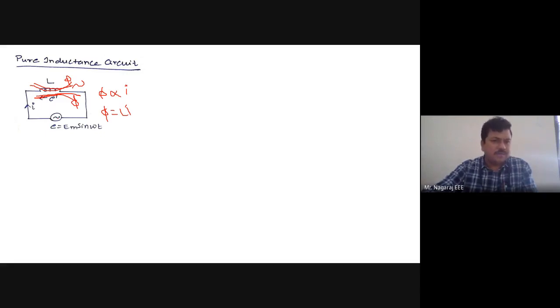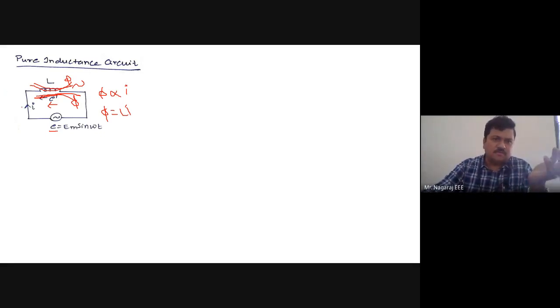But once I observe here, there is no other element present in this pure circuit. Therefore, the total EMF induced by the coil is equal to the supply voltage. But the direction of induced EMF will be opposite to that of the supply voltage as per Lenz law, because anything that is induced electromagnetically will oppose its own cause.